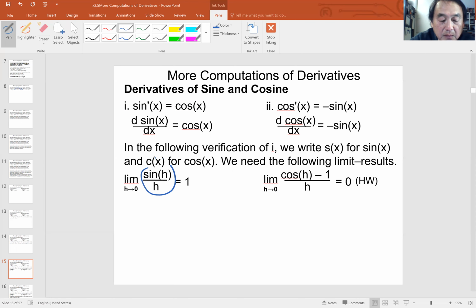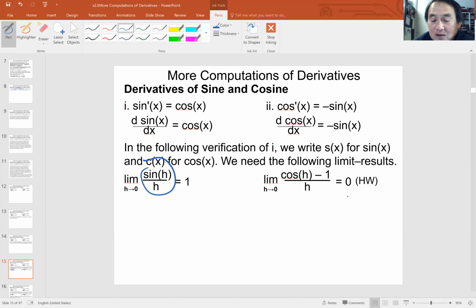These limits are probably the most important limits we introduced a while back. This one relates the algebraic function x and the trig function sine of x around 0. They basically behave the same.